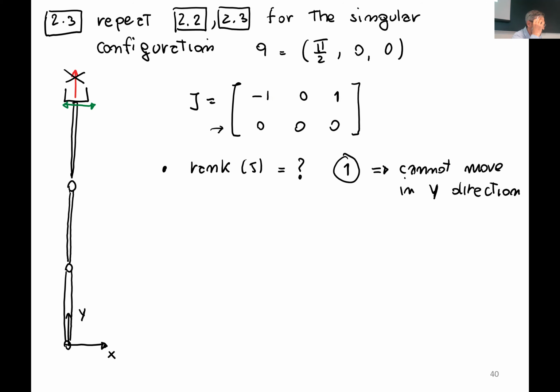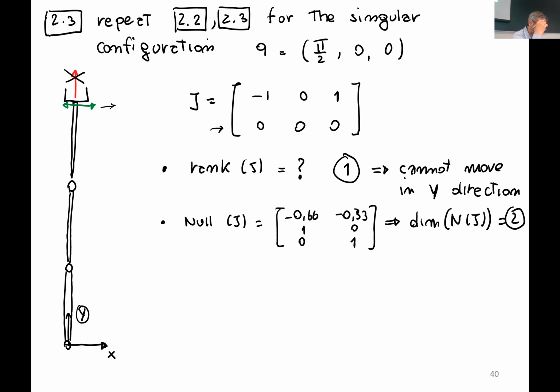And we see that in this case, the rank is no longer 2, but it becomes 1. So it means I cannot move, for example, in the y direction, while I can move in the x direction. And the null space dimension is 3 minus the rank of J, so it's 2-dimensional, and this is a null space basis of dimension 2.